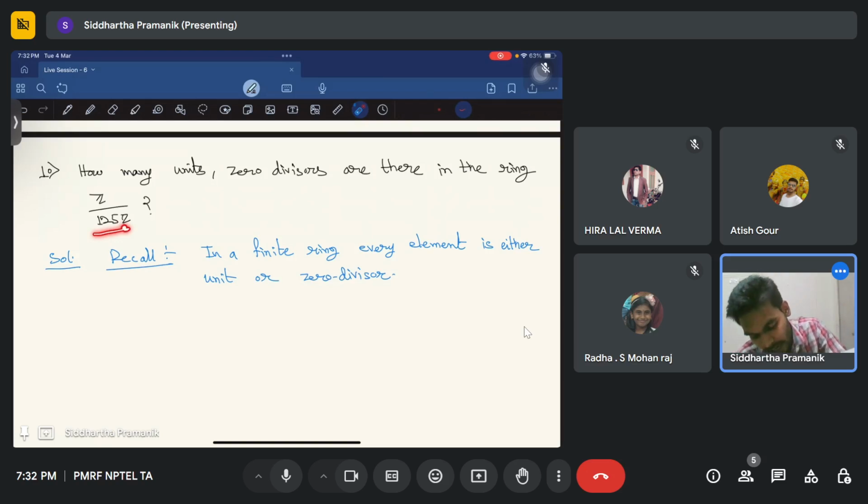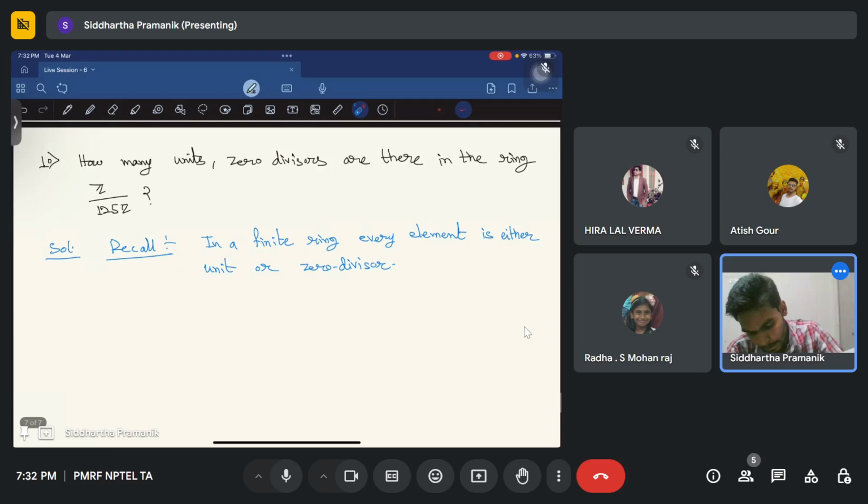So every element is either a unit or a zero divisor. So if you can find one of these, the number of units or the number of zero divisors, then you can find the other also. So now can you find at least one of the numbers, either the units or the zero divisors?